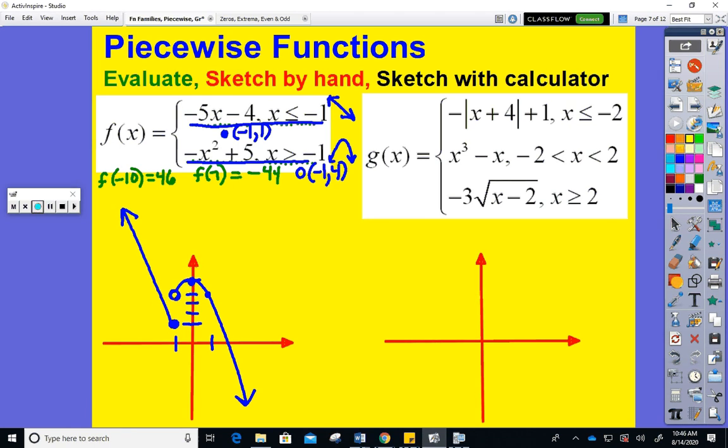All right. So let me show you how to do this on your calculator. If you need your calculator for assistance, now for the most part, I don't want you to get calculator dependent, but I do want to show you that your calculator will do these.